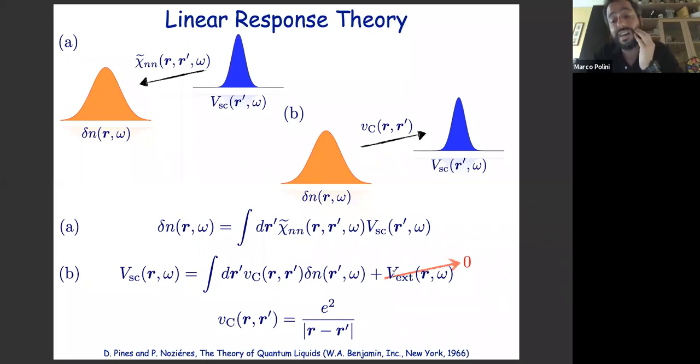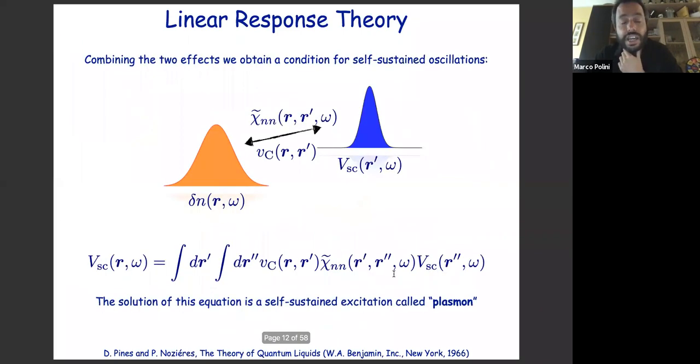Plasmons do not require external pumping, so they occur also in the absence of an external potential, and they are self-sustained oscillations because there is this Coulomb restoring force. So you can plug equation B into equation A and get a complicated integral equation for the plasmon wave function, which is the screened potential.